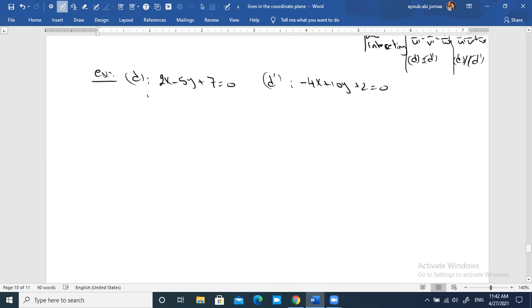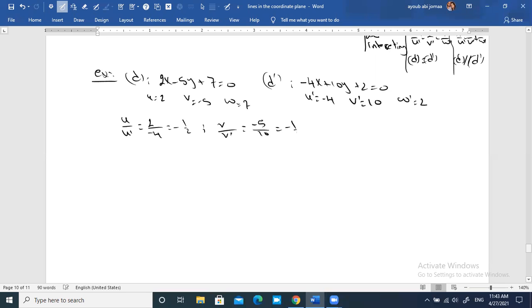Here u is 2, v equals negative 5, w is equal to 7, and here u prime is negative 4, v prime is 10, and w prime is 2. u over u prime is 2 over negative 4, which is negative half. v over v prime is negative 5 over 10, which is also negative half. So u over u prime is equal to v over v prime. That means that the lines will be either parallel or coincide.